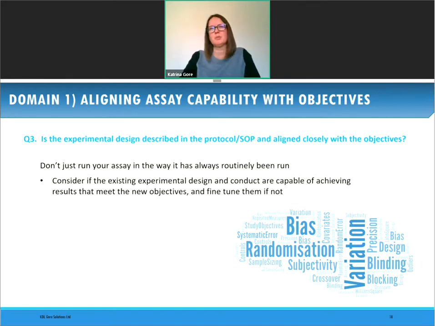Would an increase in sample size mean that you can't run as many animals on the same day? If so, you need to think about blocking, and you need to think about controlling variability and reducing bias. There are lots of different design aspects you need to consider, but it all stems from what the assay is set up to do compared to what you now need it to do for this new task, this new set of scientific objectives.